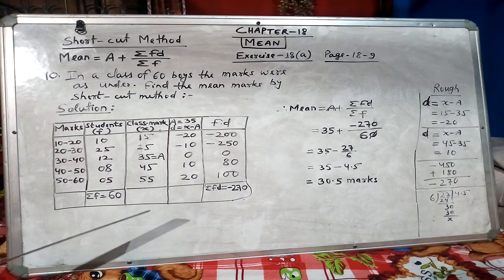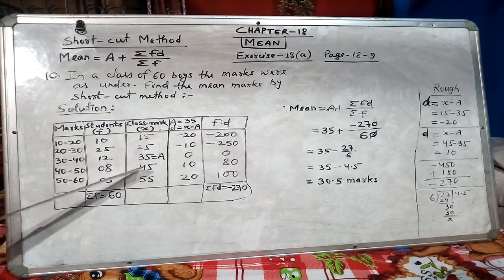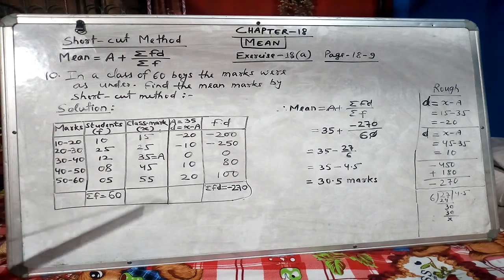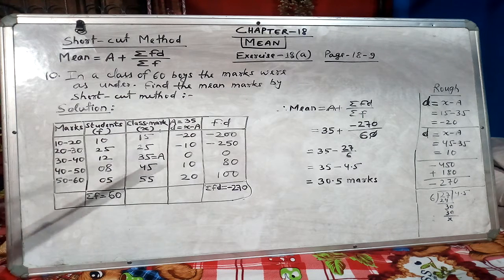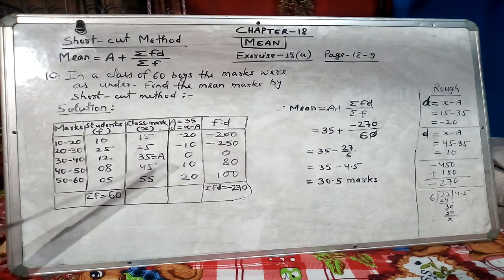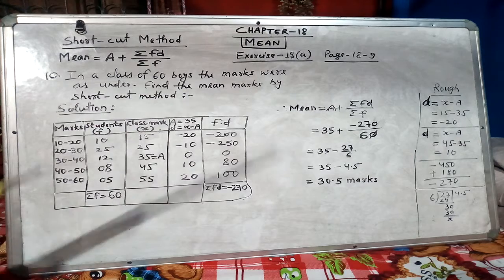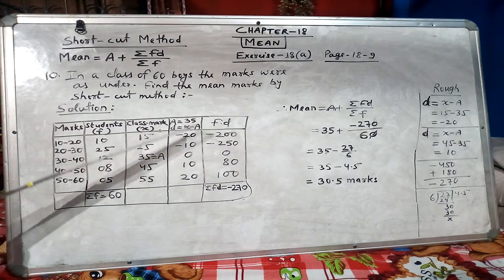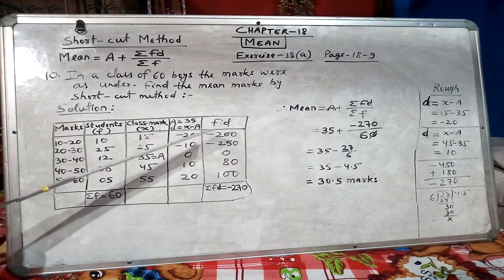One more thing I want to say. Had there been two numbers in the middle, suppose 2 numbers in the upper part, 2 numbers in the lower part, and 2 numbers in the middle, in that case we can take either one of the 2. But here exactly 35 is the middle number, so our a, the assumed mean, will be 35. Now this is the column of d, and the d value comes with the help of x minus a.